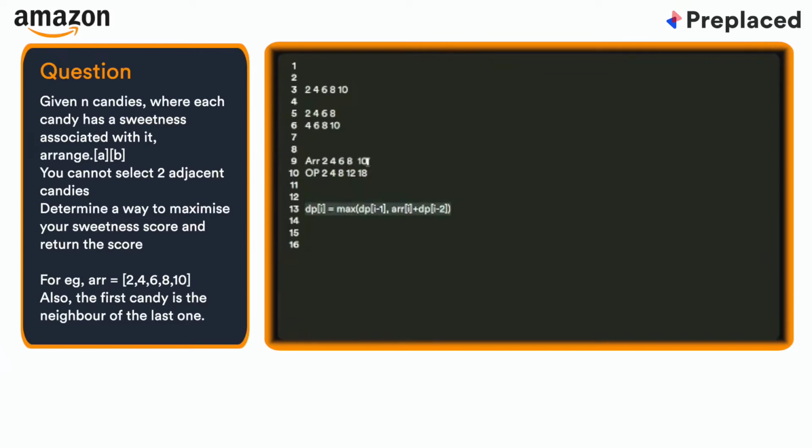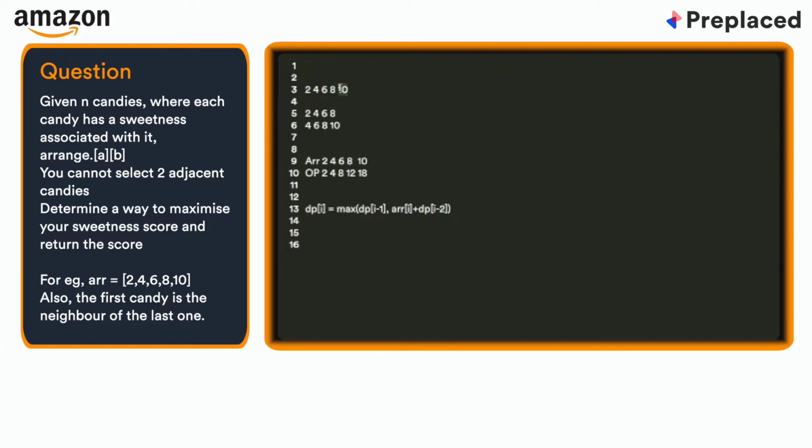I think this will do the trick, and I will be doing this for two different arrays. One will start from 2 to 8, and the second one will start from 4 to 10. So in one array I'm skipping 2, and in another array I'm skipping 10.